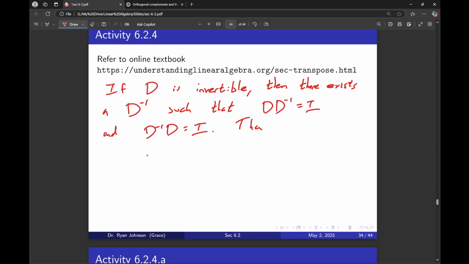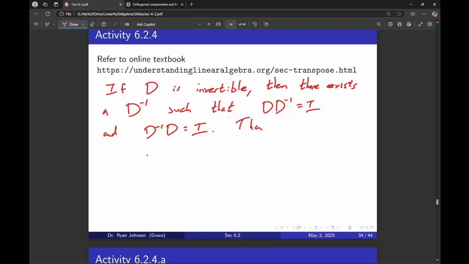I'm asking the question, is D transpose invertible? What does it mean to be invertible? There exists an inverse, right? Well, here's D transpose, and I multiply it by this guy, I get the identity, and I multiply on the other side by this guy, I get the identity. So what does that make this guy? The inverse of D transpose.